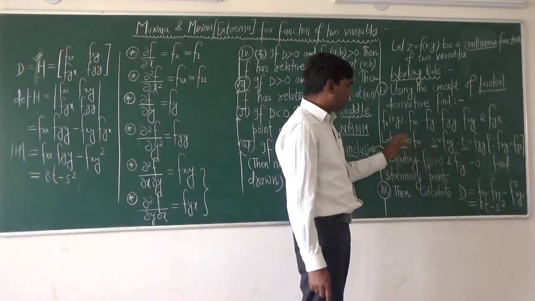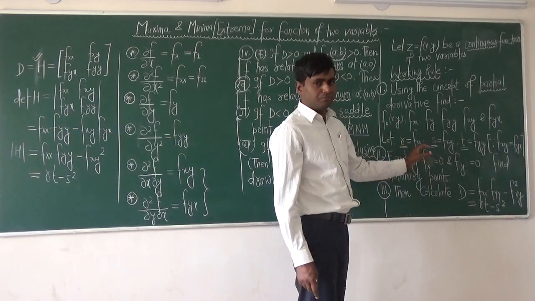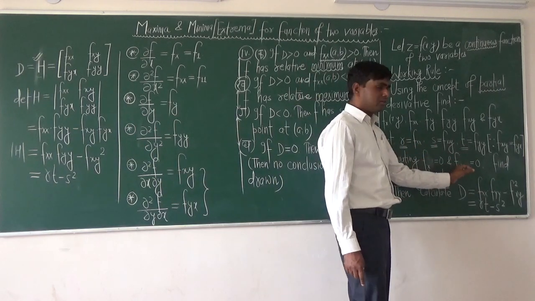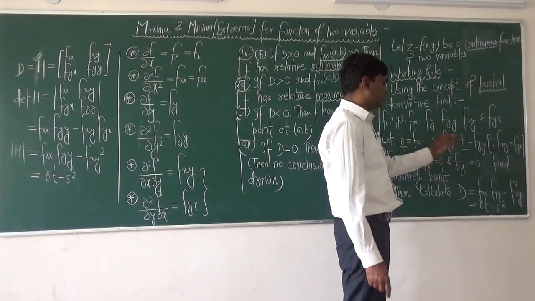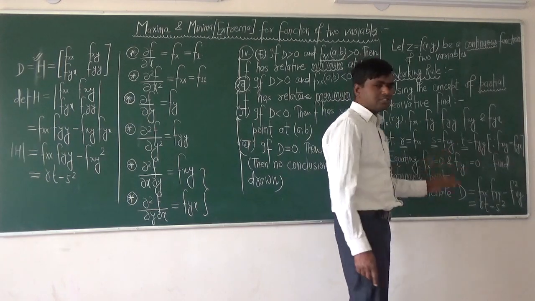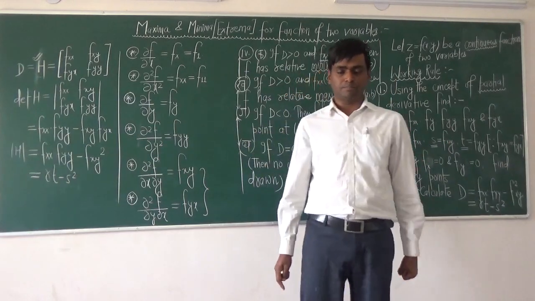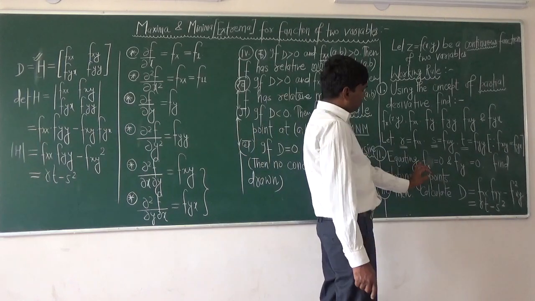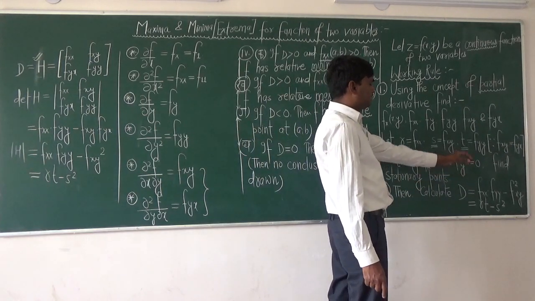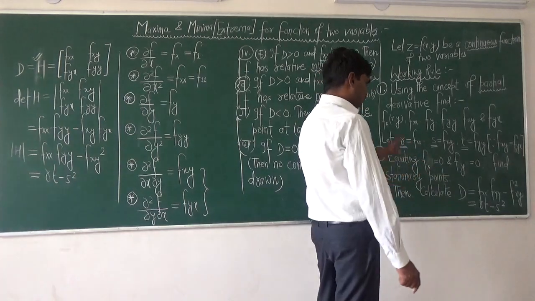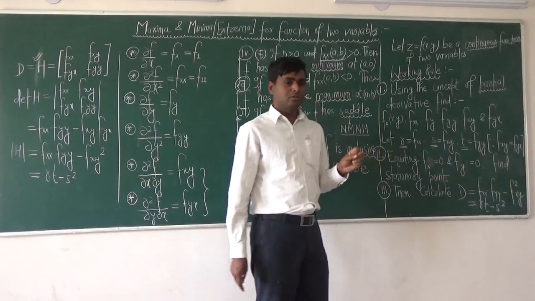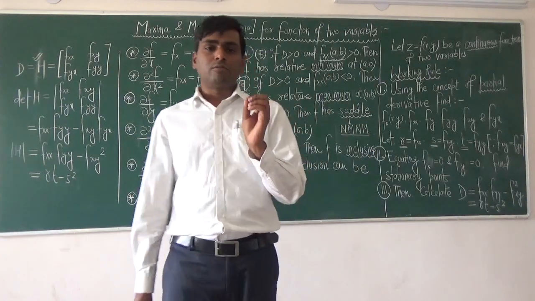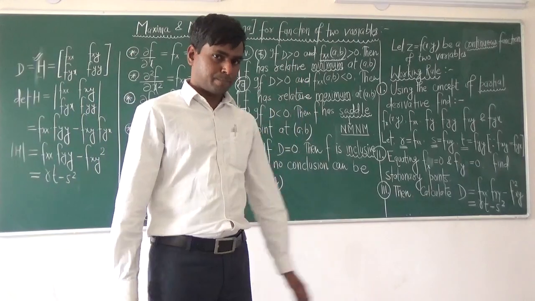It means the first order partial derivative with respect to x is equal to 0 and the first order partial derivative with respect to y is equal to 0, because the tangents are parallel to the x-axis. Then we obtain two simultaneous equations. These two simultaneous equations give one or more than one point.